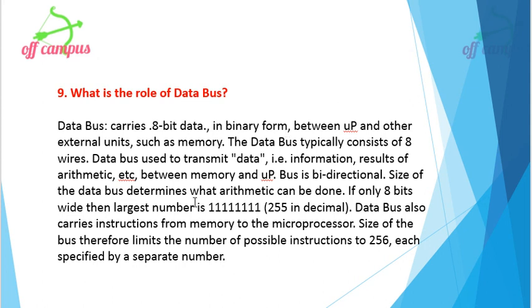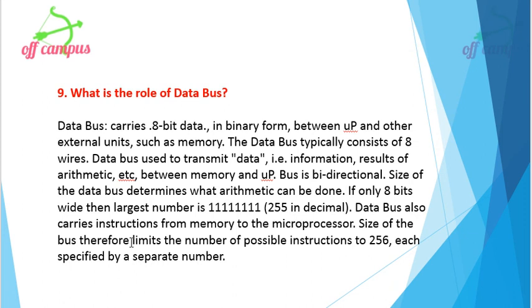The size of the data bus determines what arithmetic can be done. If it is only 8 bits wide, then the largest number is 11111111, which is 255 in decimal, so 0 to 255, overall 256 values. The data bus also carries instructions from memory to the microprocessor.